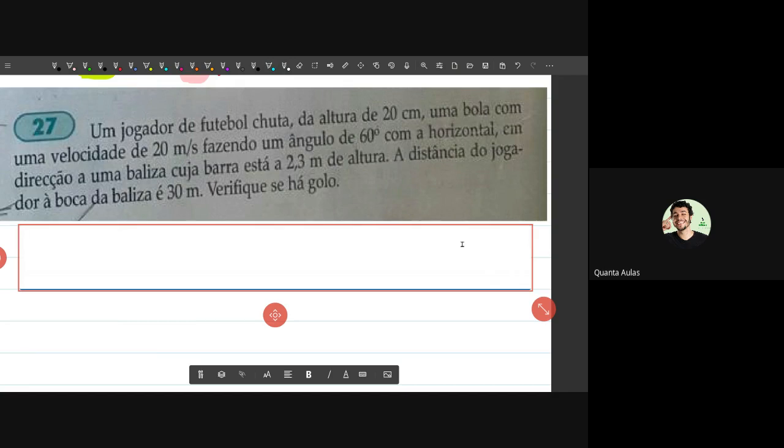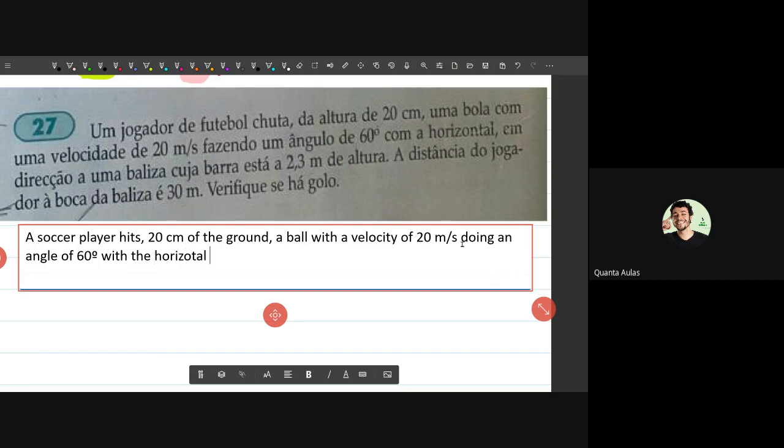But okay, let's go. A soccer player hits a ball 20 centimeters off the ground with a velocity of 20 meters per second, making an angle of 16 degrees with the horizontal in the direction of the goal, where the bar... This is a Portuguese word because I am Brazilian.